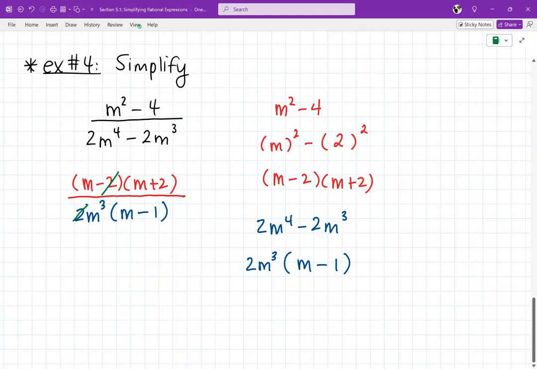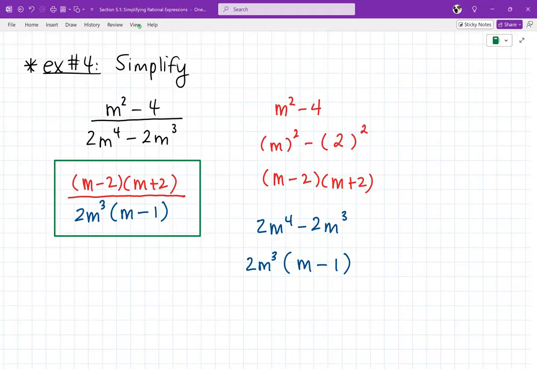Don't do that, okay? Yes, you can cancel out the bottom two because that one's not in the parentheses. But the other two, they're in parentheses, so don't just knock them out. Okay? That's usually the number one mistake that people make that gets the answer wrong. So, there you go. That's my answer. Nothing happened. I factored it. I did what they wanted me to do, but nothing got simpler.